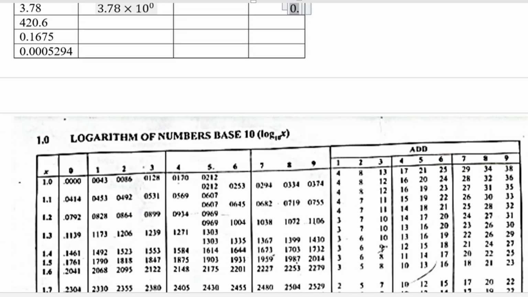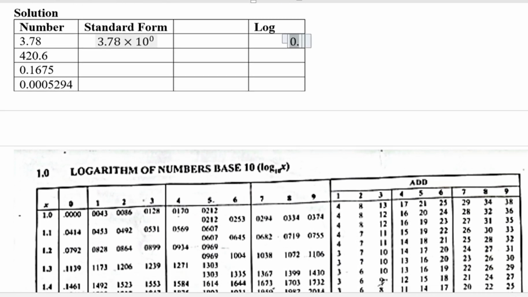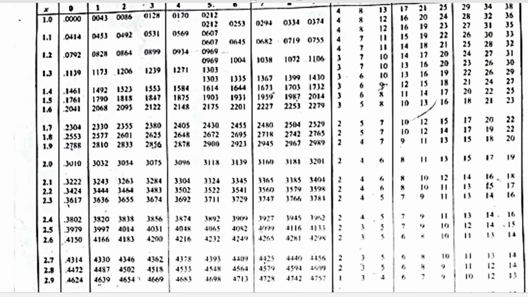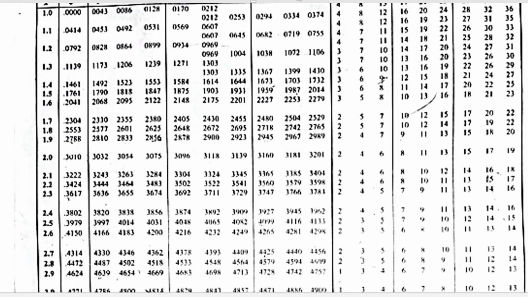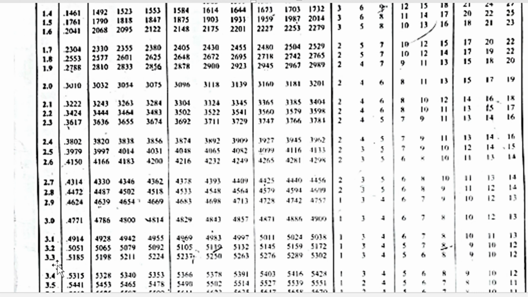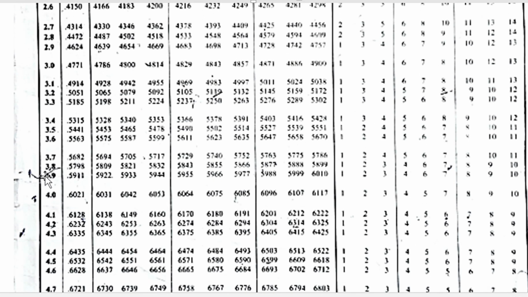So we have an extract here for logarithm. We are looking for 3.78. We look for 3.7 in this first column. Then the third digit is looked for between here and here, and the fourth digit is looked for between here and here. So we are looking for 3.7 here. 3.7 is here.